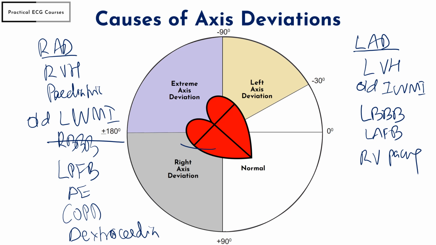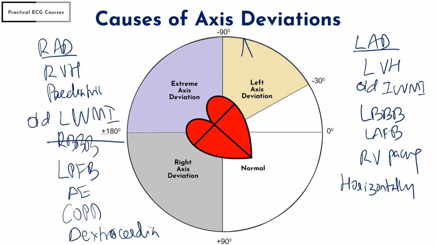Suppose the patient is pregnant or obese or having ascites, and the heart is in this manner. It's horizontally displaced. The vector will again go into the left side, and therefore horizontally placed hearts are again a cause of left axis deviation.